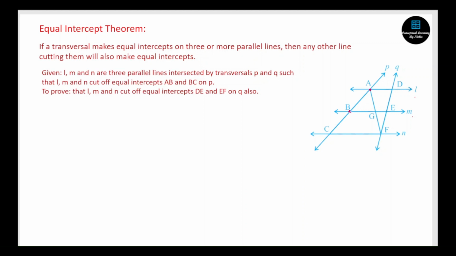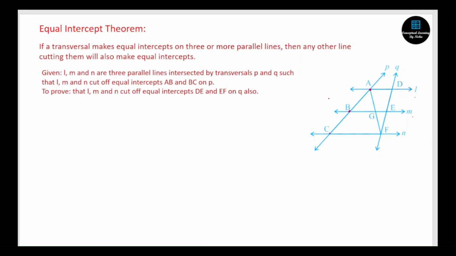So, here AB is one intercept, and BC is the other intercept through this transversal P. Same way, if I talk about transversal Q, then DE and EF are the intercepts. Now, AB and BC are given equal. They are equal intercepts. So, we have to prove that DE and EF are also equal.